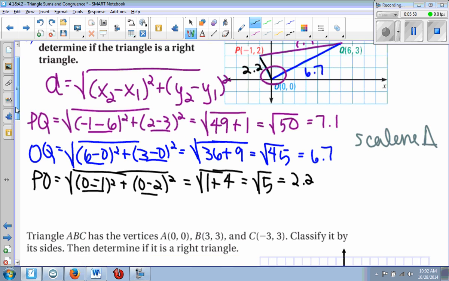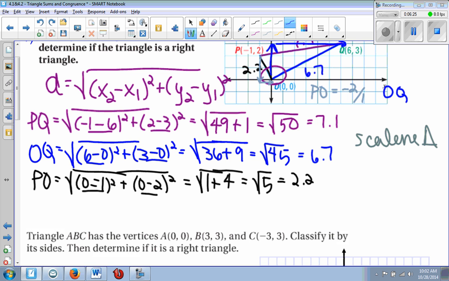So if we find the slope of PO, I would count down 2 and right 1. So the PO slope would be -2 over 1. If I go from O to Q, I would go up 1, 2, 3, and to the right 1, 2, 3, 4, 5, 6.